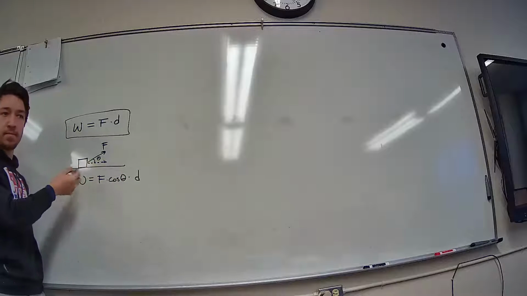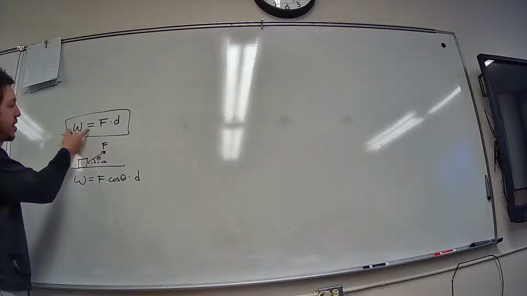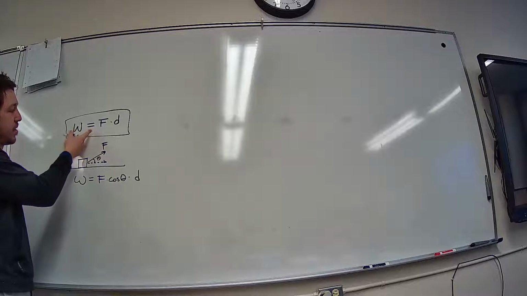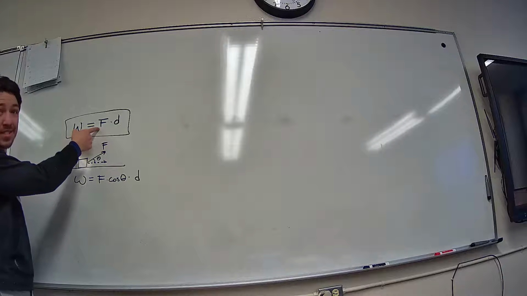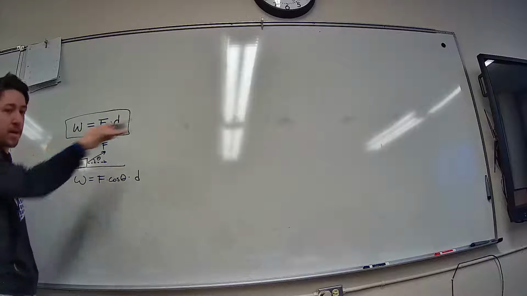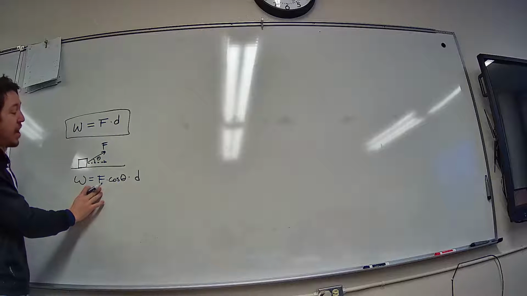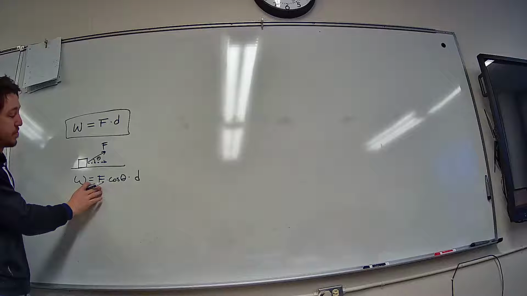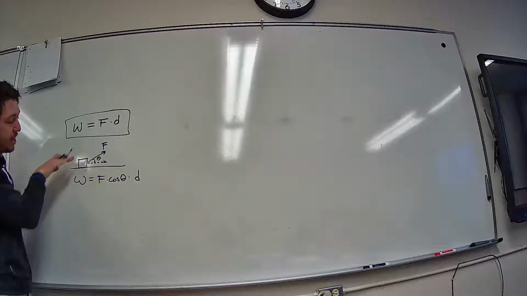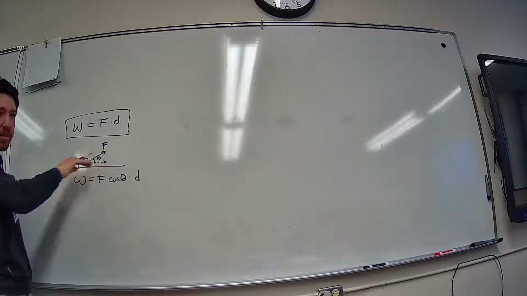You guys recall that? So this definition is true if the force is constant, like you're not changing the force, and the force is directed along the line of movement. So then this is what happens if the force is constant but it's directed at some angle to the line of movement.